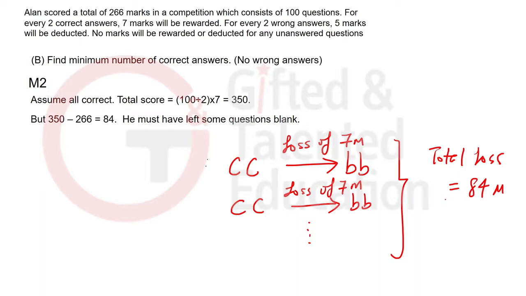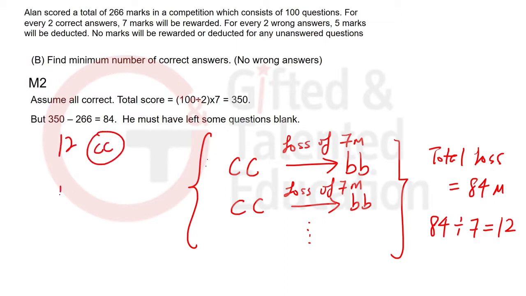So the goal is to find the number of pairs of correct answers that are being replaced by the number of pairs of blank answers. To do so, we can take 84 divided by 7, giving us 12 such pairs. So this means that 12 pairs of correct answers are replaced by 12 pairs of blank answers.